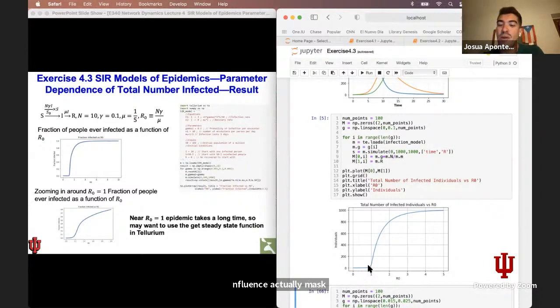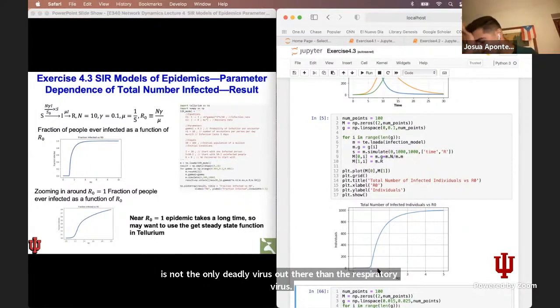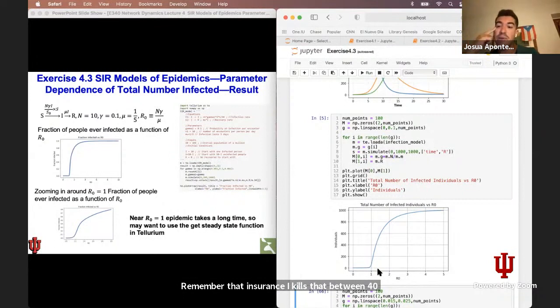It seems that masks are significantly more effective at preventing influenza infections than they are with COVID, which is another way of saying that we should probably be wearing masks during certain seasons of the year to prevent infections, because COVID is not the only deadly respiratory virus out there. Remember that influenza kills between 45 and 60,000 people a year in the United States. So that is a considerable number of people as well.